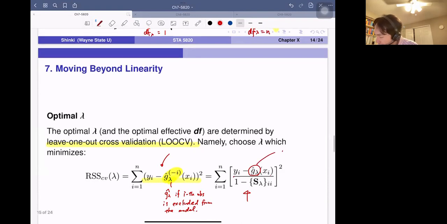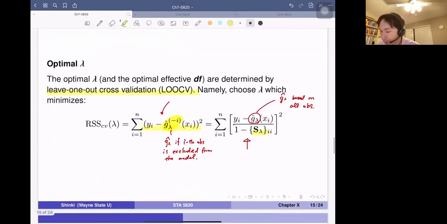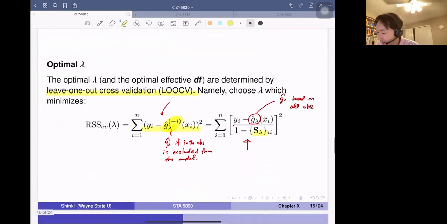So we estimate g hat lambda based on all observations. We fit the model only once, and we calculate the S lambda. Maybe it takes a small amount of time, but then we take the summation. So it's pretty quick, at least on a computer.